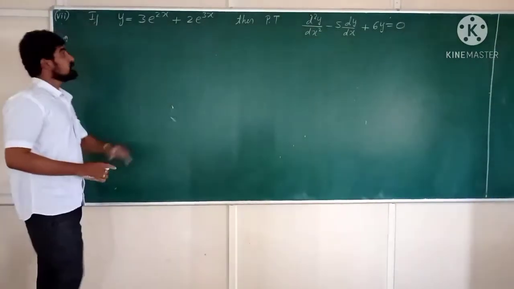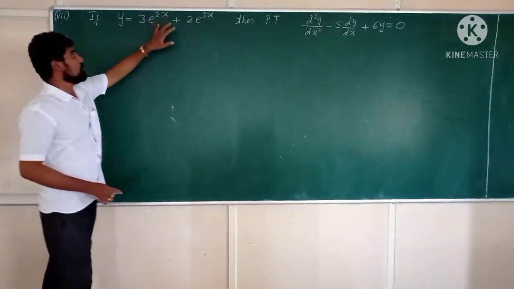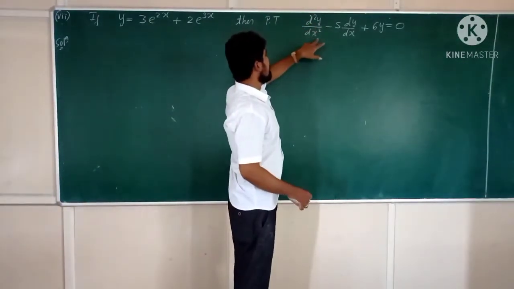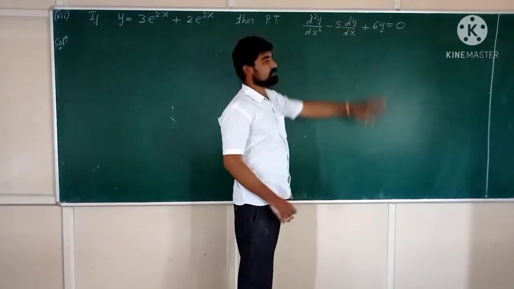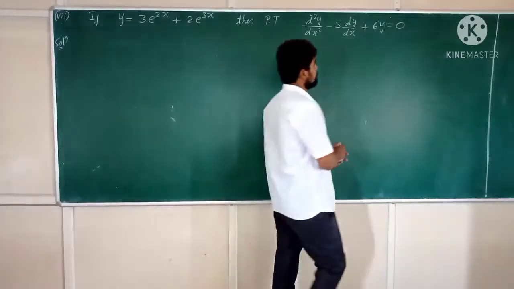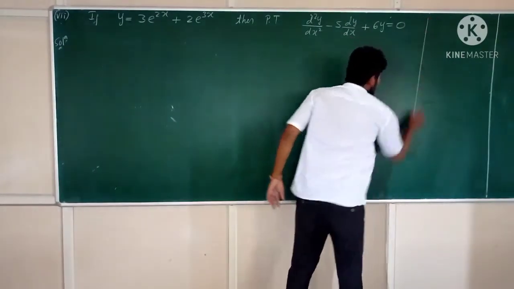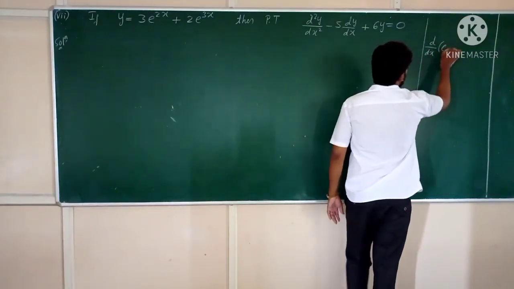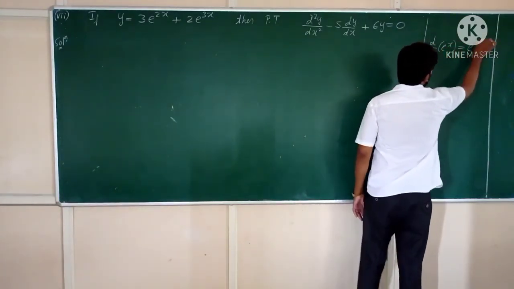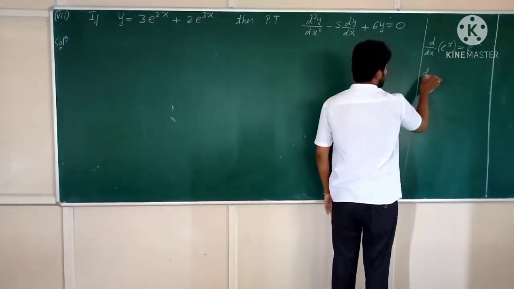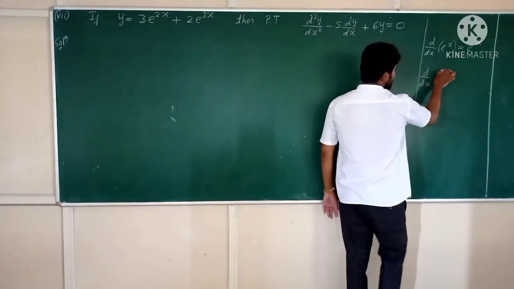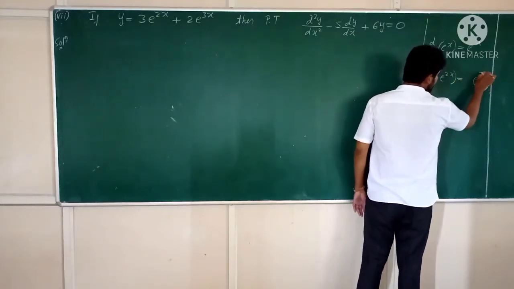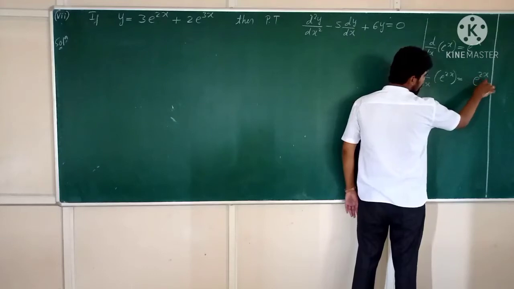So now the seventh question is, if y is equal to 3 into e^(2x) plus 2 into e^(3x), then prove that d²y/dx² minus 5 dy/dx plus 6y is equal to 0. As you know, the derivative of e^x is e^x, and the derivative of e^(2x) is e^(2x) and then the derivative of 2x is 2.